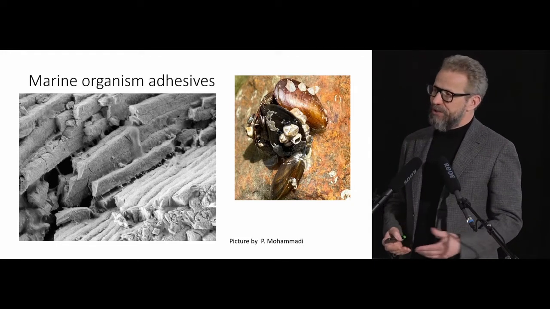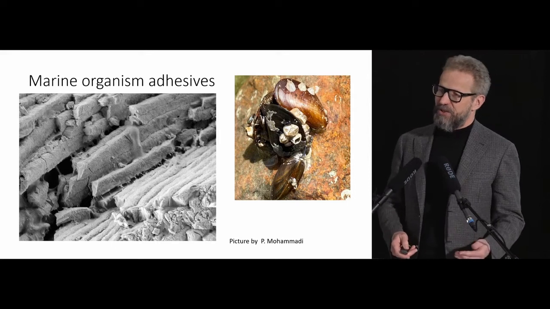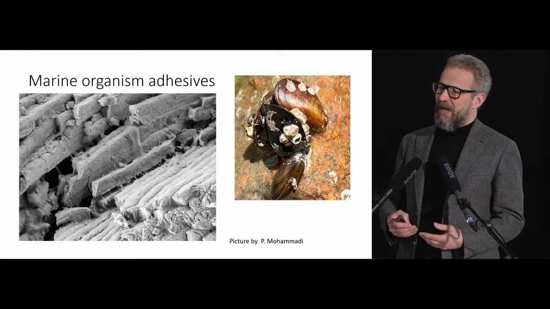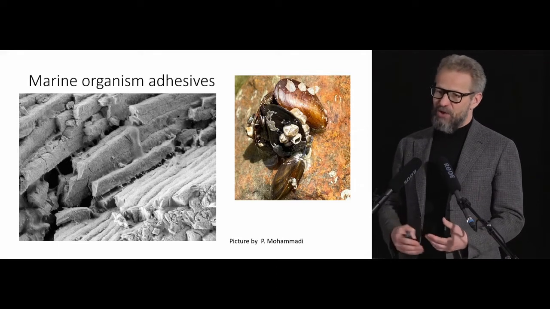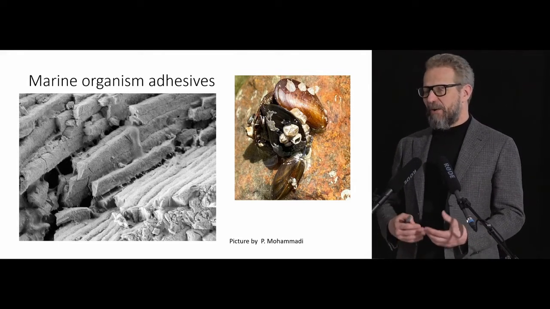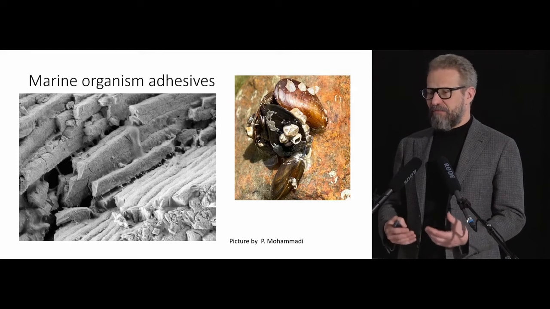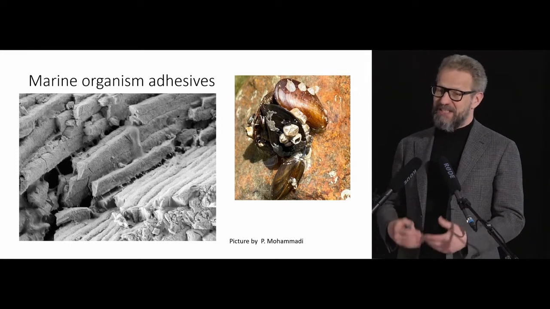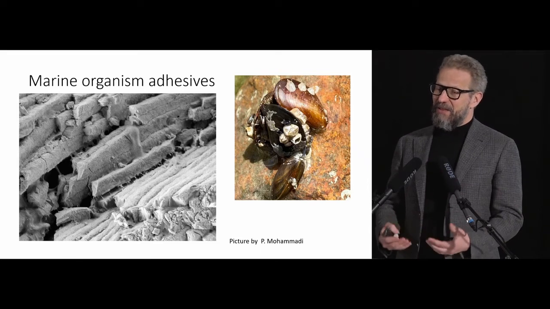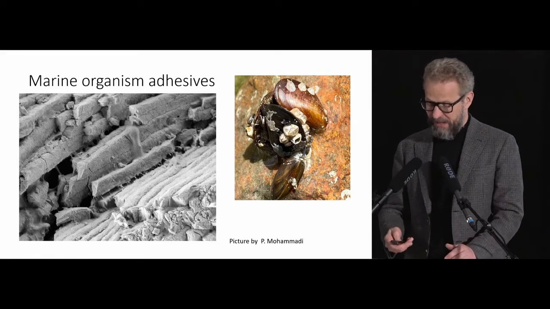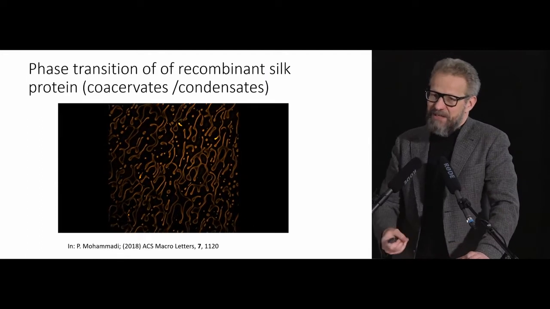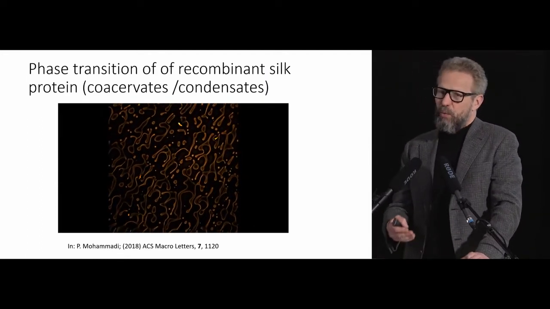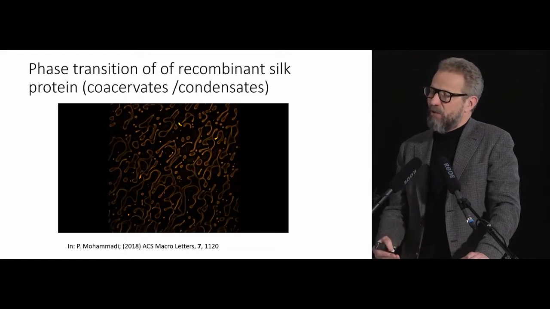It's also understood that the barnacles I just showed on the previous slide have an adhesive mechanism based on this form of adhesive, which is proteins. They're liquid forms. And on the next slide, I'm showing another type of biomolecule, a recombinant silk protein.